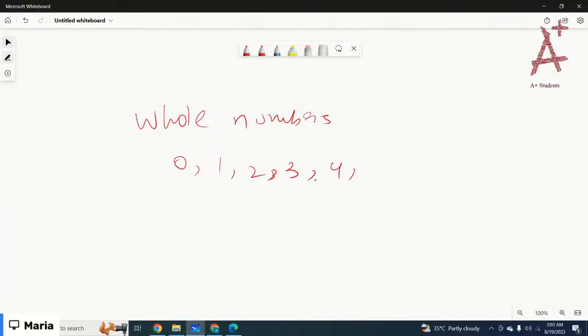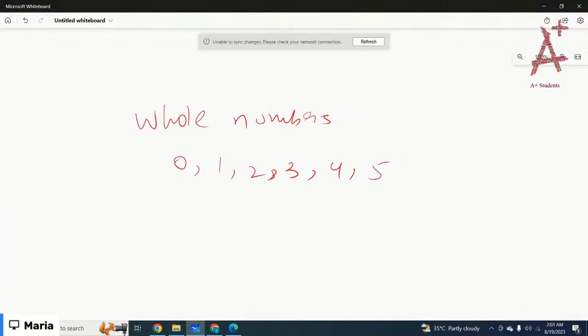The numbers without the decimal portion are known as whole numbers, the numbers without fractions. You start counting from 0 and go on, and they are all whole numbers.